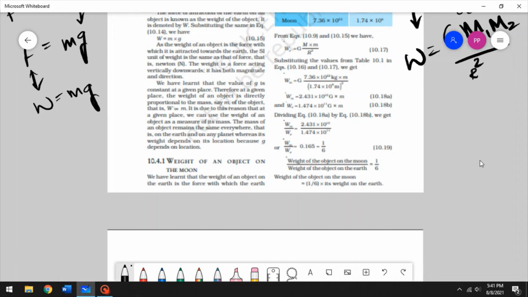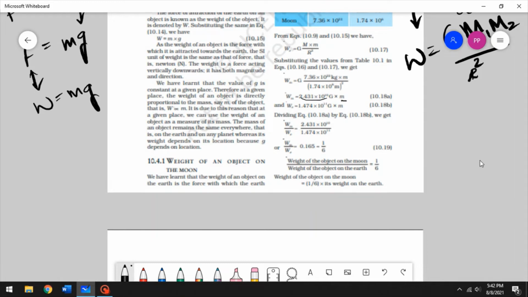So they gave us the mass of the moon, which happens to be 7.36 times 10 to the power 22 kgs, which is a lot, and the radius of the moon, which is 1.74 times 10 to the power 6 meters, squared, because the whole radius is being squared.